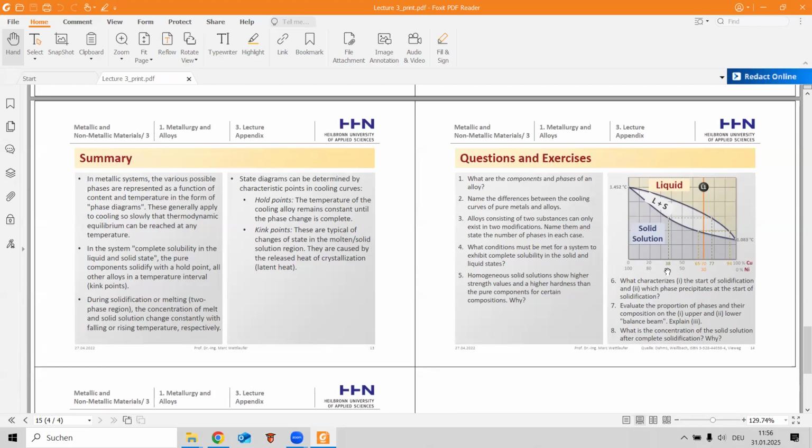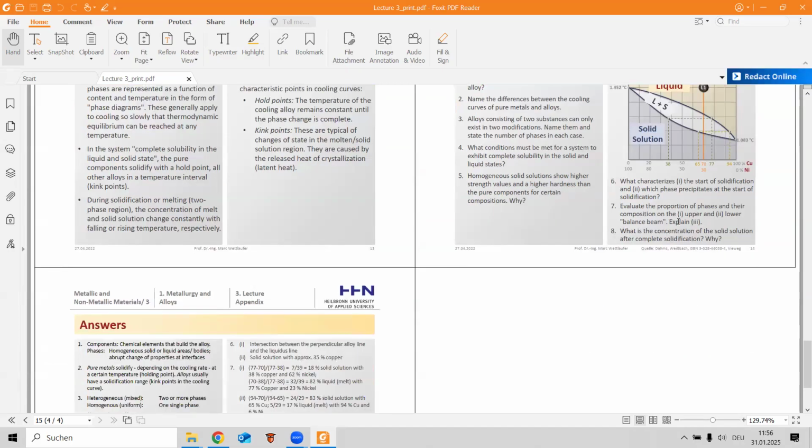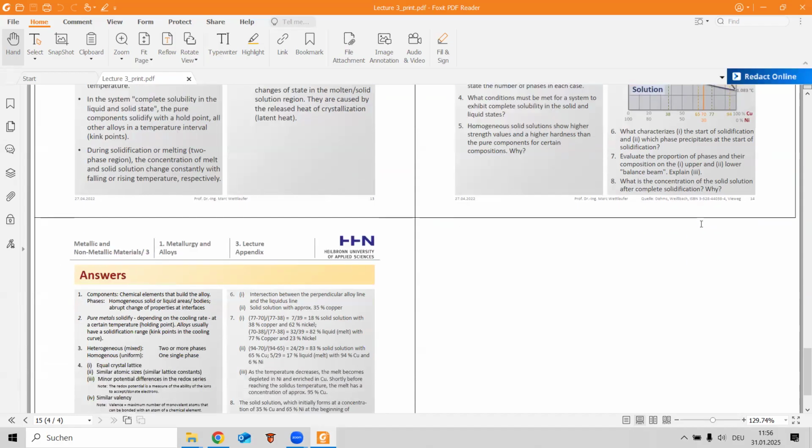Evaluate the proportion of phases and their composition on the upper and lower balance beam and explain.